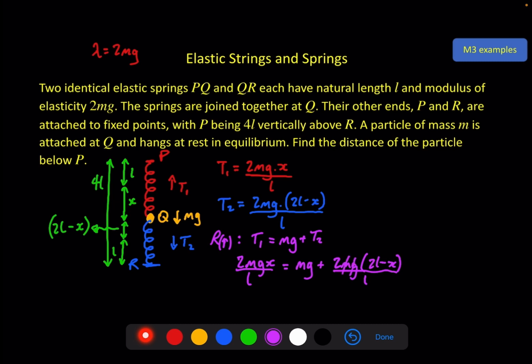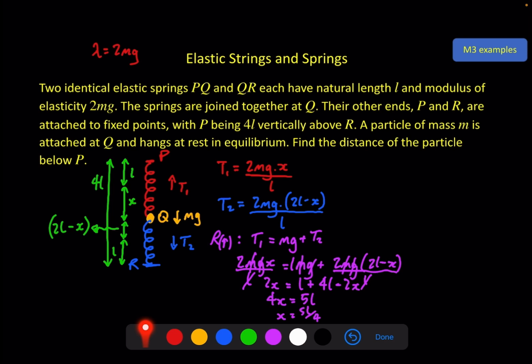I can cancel mg from each term, multiply through by L to put an L here, so that gives me 2x is equal to L plus, if I expand this out, 4L minus 2x. Bring that over, we get 4x is equal to 5L, so x is equal to 5L over 4.